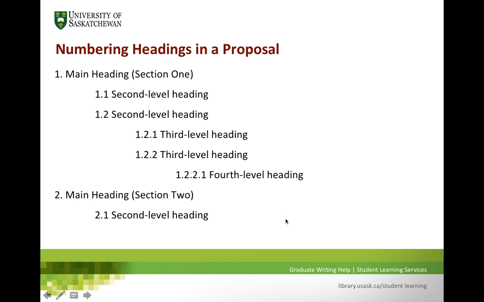So I suggest one where you'd have a main heading, second level would be 1.1 or 1.2, third level would be 1.1.2, 1.2.1, and then 1.2.2. Fourth level would be 1.2.2.1, and so on. So I highly recommend those types of numbered headings for your proposal.